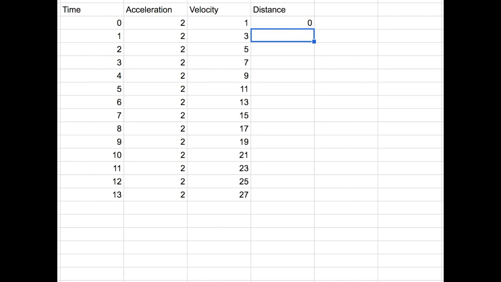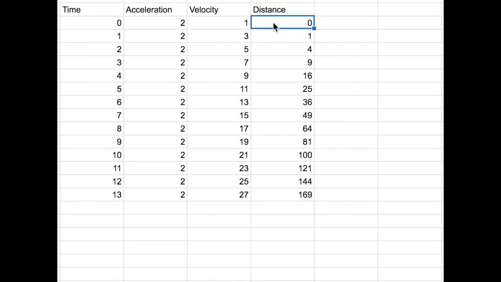And then 1 plus 0 is 1. 3 plus 1 is 4. 4 plus 5 is 9. 7 plus 9 is 16. 9 and 16 make 25. 11 and 25 make 36. 13 and 36 make 49. 15 and 49 make 64. 17 and 64 make 81. 19 and 81 make 100. 21 and 100 make 121. 23 and 121 make 144. 25 and 144 make 169.